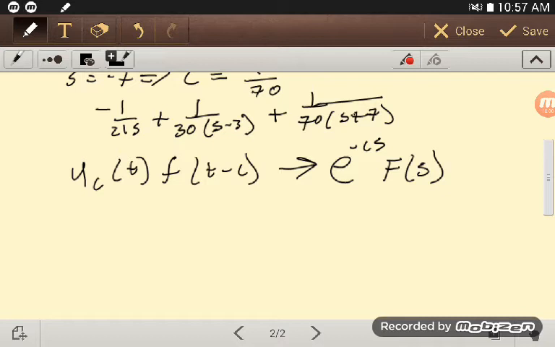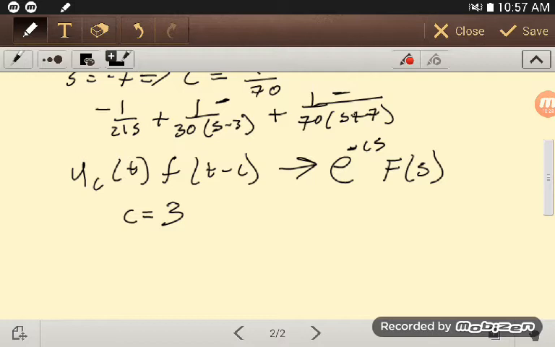Each of these is multiplied by that e to the minus 3s. And so I can tell you that c equals 3, because the minus is already there.